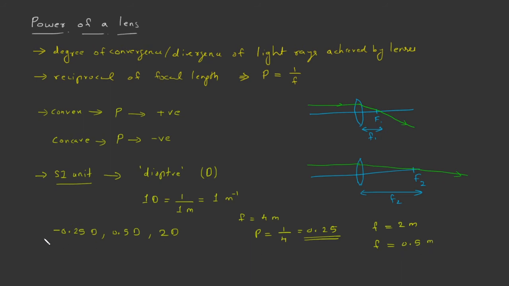So the power of lens says about the focal length of that lens used, and the sign indicates the type of lens used, that is convex or concave. For understanding it, we are going to do 2 numericals from the exercise related to power of a lens.